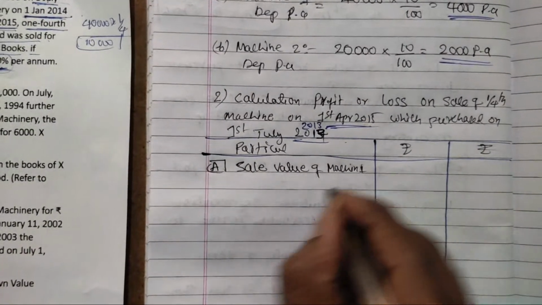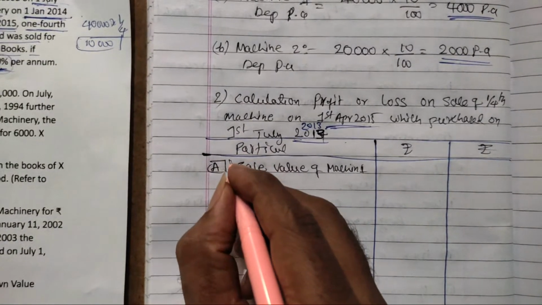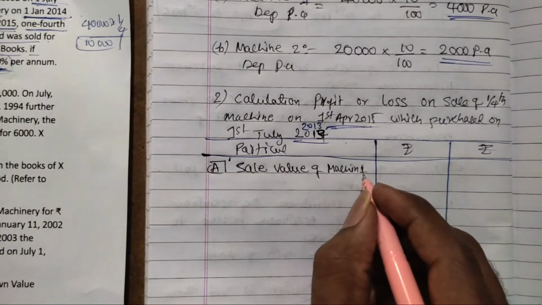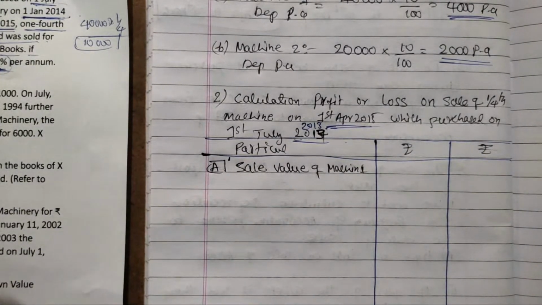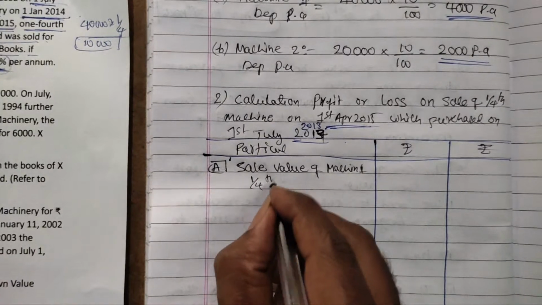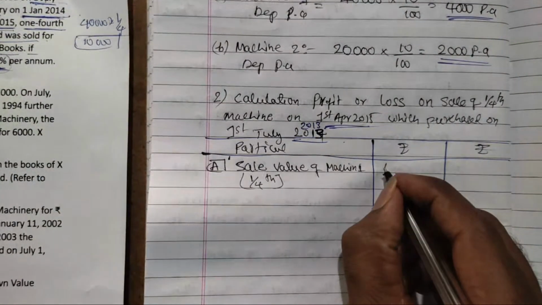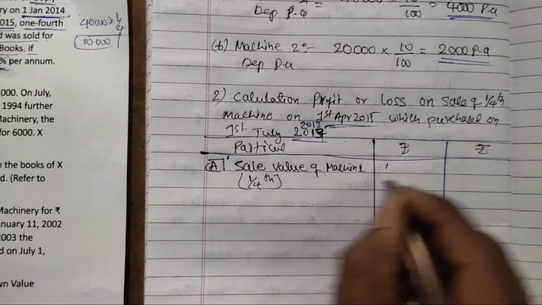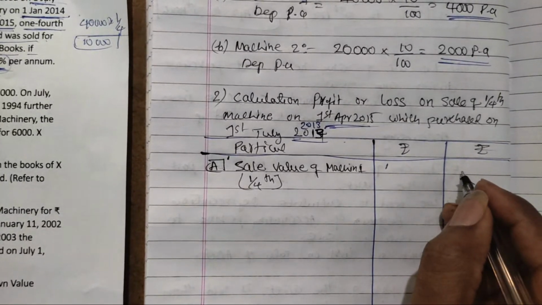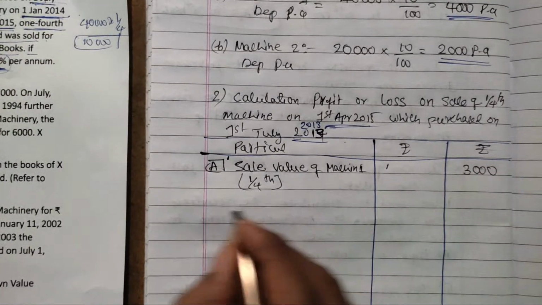Have you sold the entire machine? No, only 1/4 you have sold. Sale value of machine 1, 1/4. How much is it? Sale value 3,000 rupees. You have sold it for 3,000.